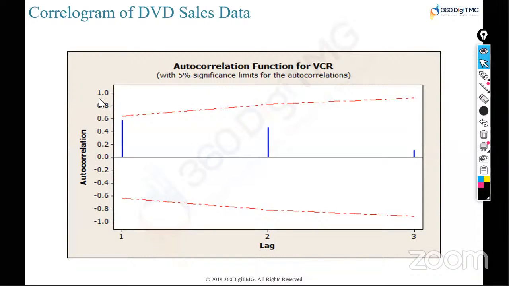Now, whenever we have a confidence interval, how does that interval look?